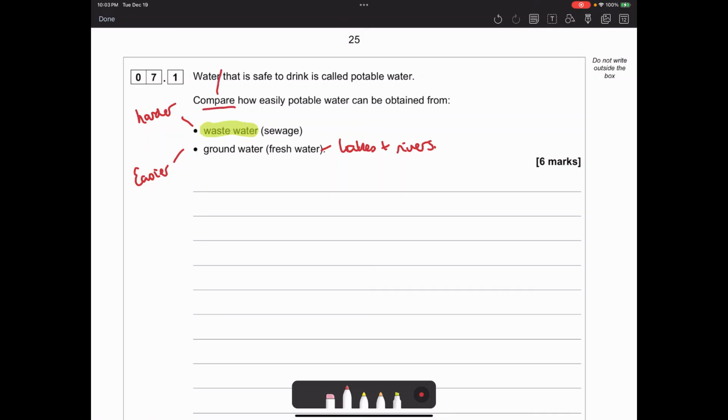In terms of a good compare question, try and link in the word whereas as a good comparison word to make that really obvious.